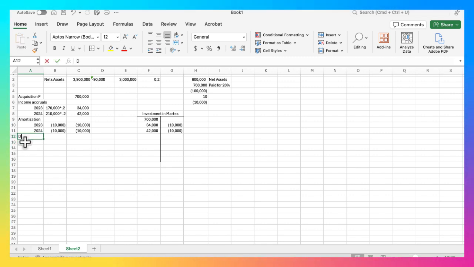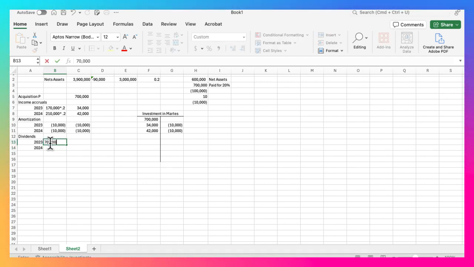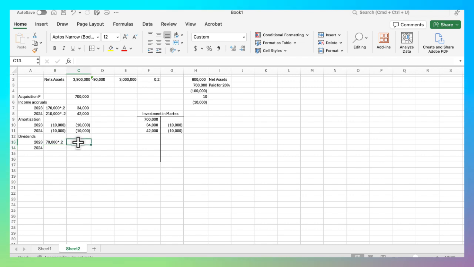They pay dividends in 2023 and in 2024. And they tell us that the dividends are the same each year. They pay $70,000. So $70,000 in dividends. Well, remember, we're getting 20% of that because we own 20% of Mart's. And when we run those numbers, we end up with $14,000.